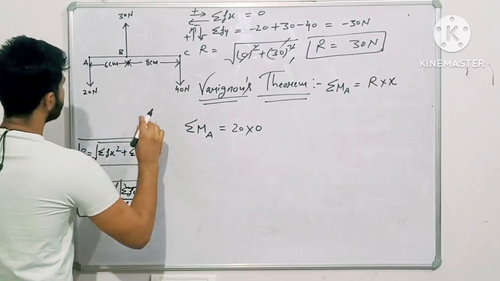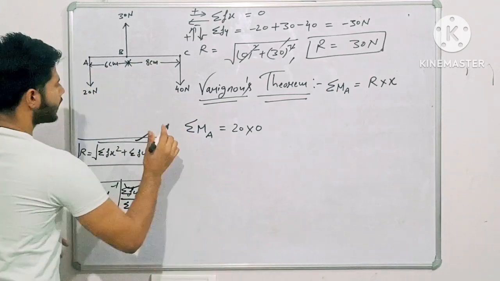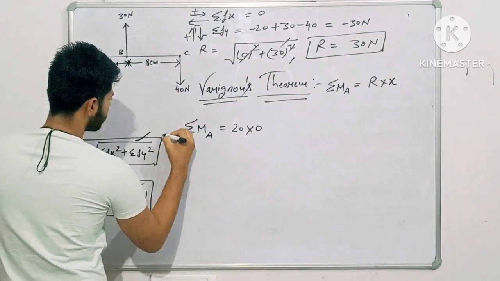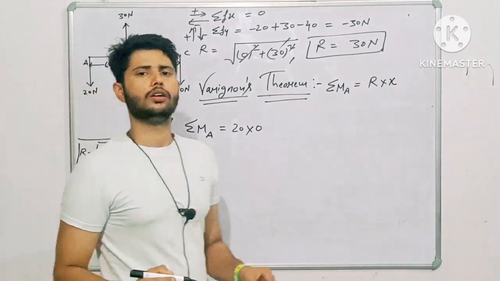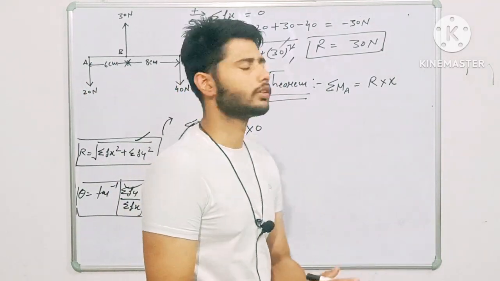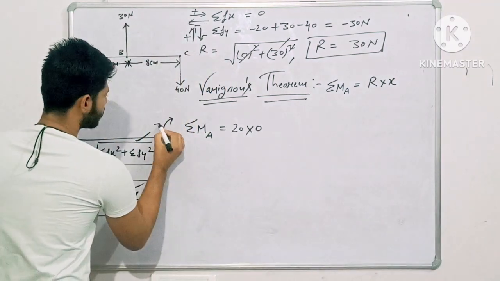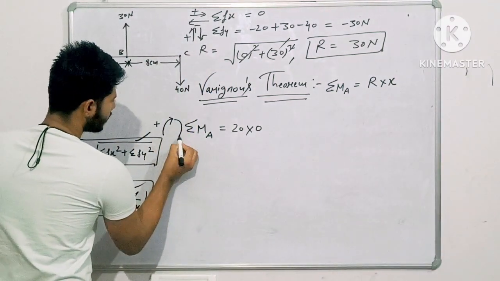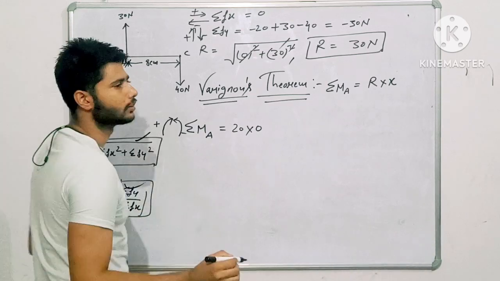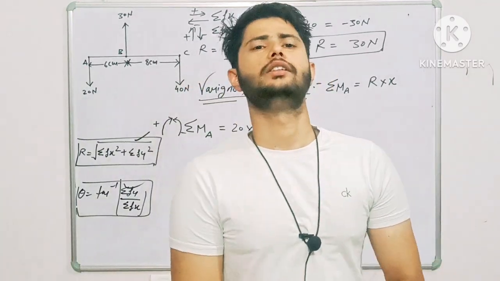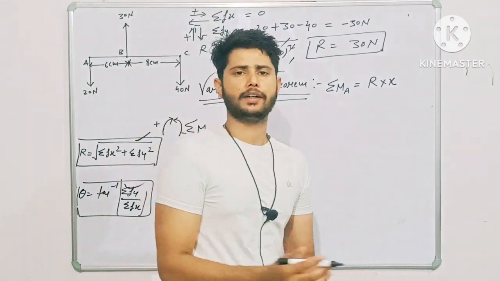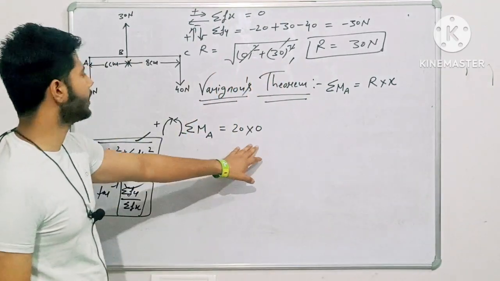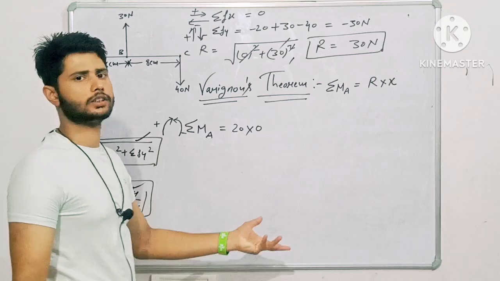Those forces going in clockwise direction from the point that you have chosen, you have to take them positive, and those going in anti-clockwise, we have to take negative. This is a simple technique for movement. So 20 multiplied by 0, because perpendicular distance is 0.